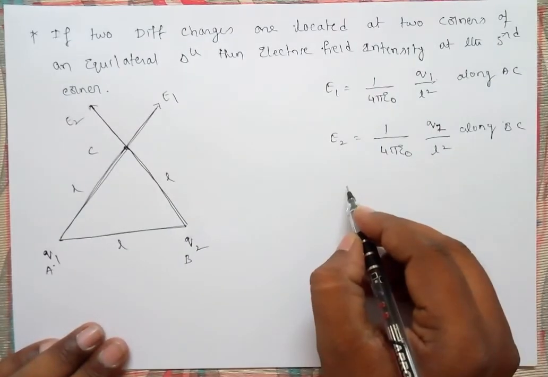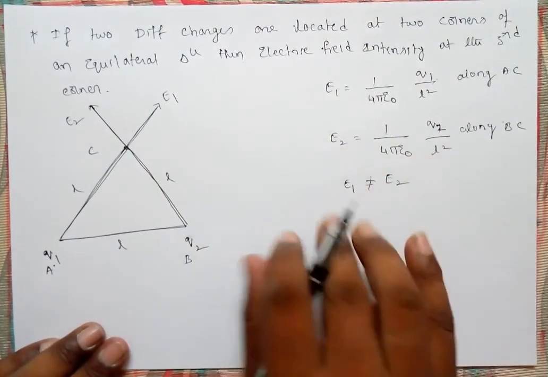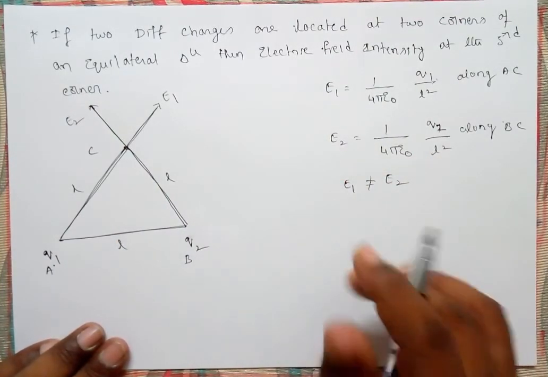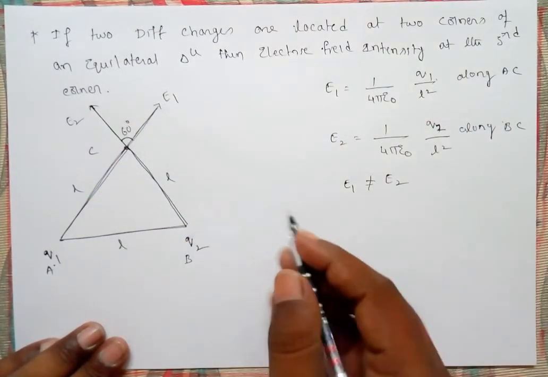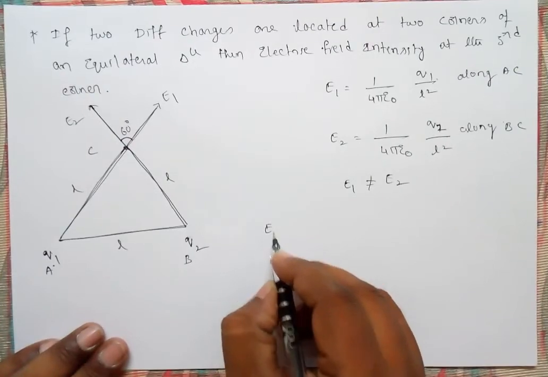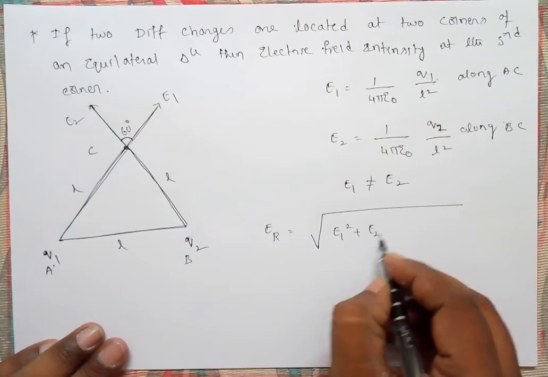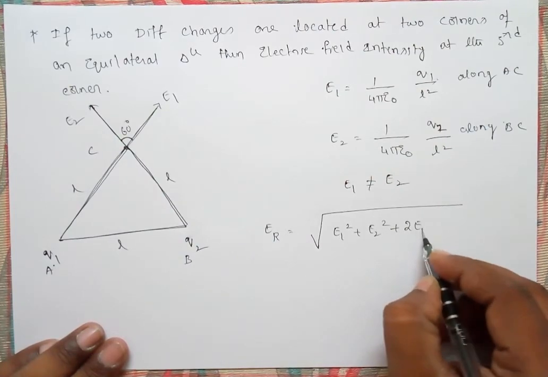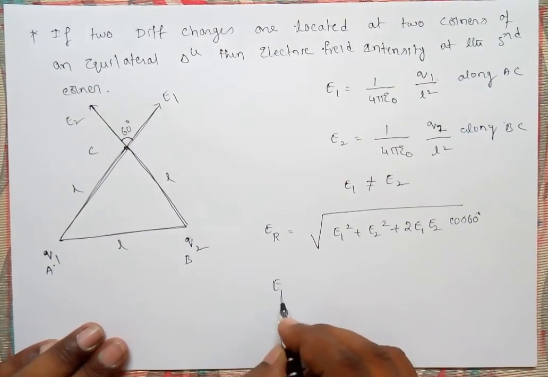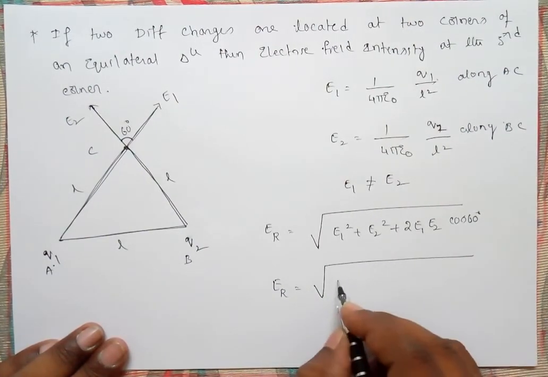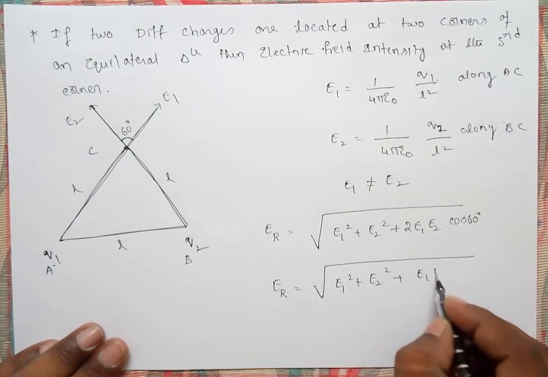Here E1 is not equal to E2, so you have to follow the procedure as usual. These two angles are 60 degrees only, so E resultant equal to root over E1 square plus E2 square plus 2 E1 E2 cos 60, which is 1 by 2, then ER equal to root over E1 square plus E2 square plus E1 E2.